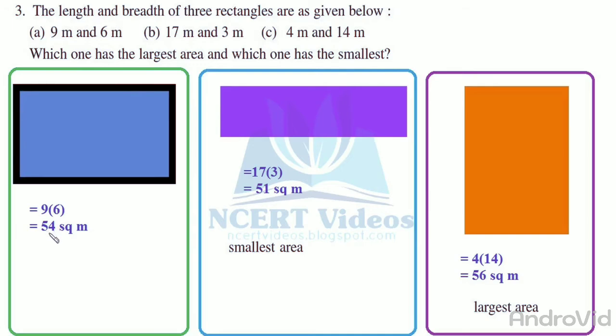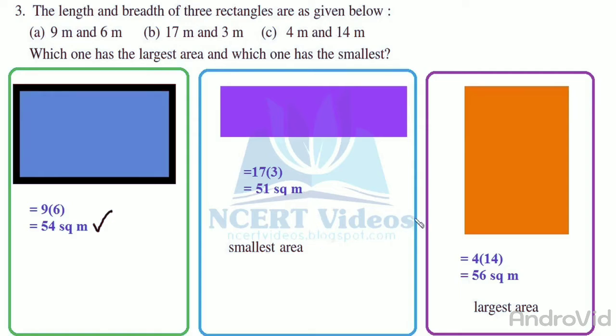So here 9 into 6 is 54 square meter. Now 17 meter and 3 meter, here 17 is the longest side, 3 is our breadth. When we multiply, it is 51 square meter.